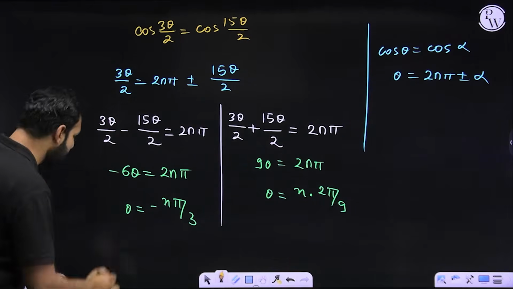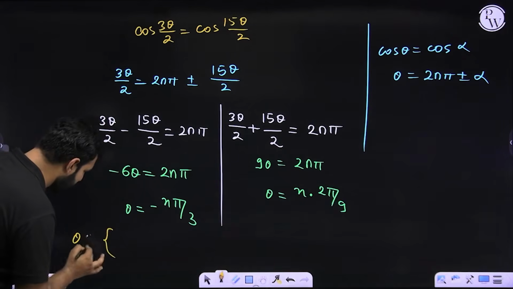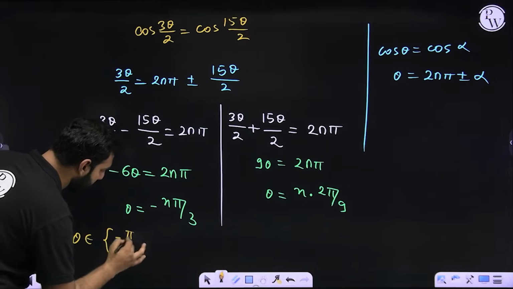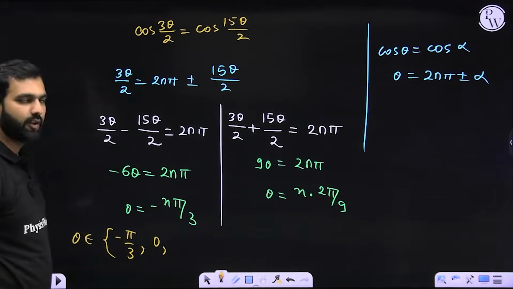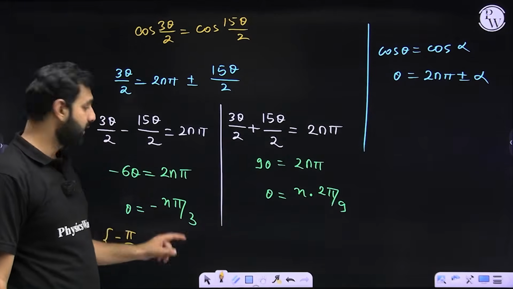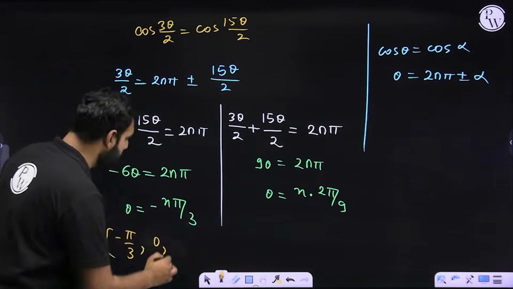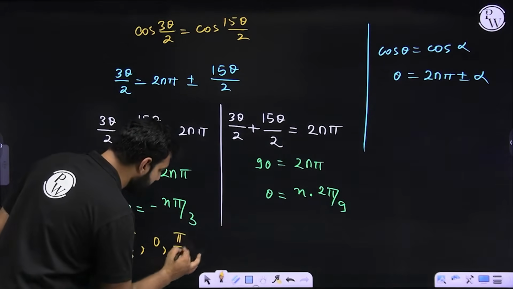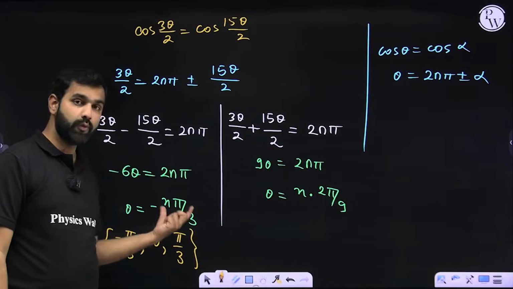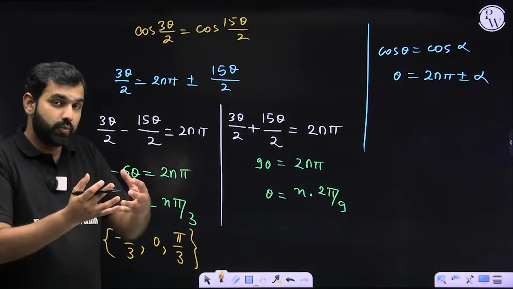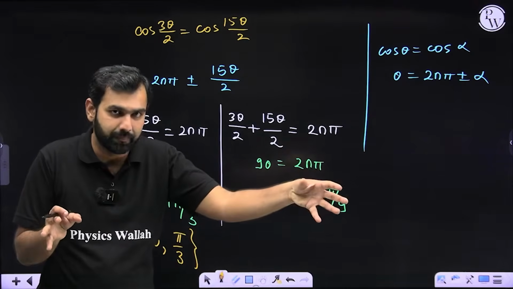That is an acceptable value. So the first value of theta from here will be minus pi by 3. If I take n as 0, it will be 0. That is an acceptable value. If I take n as minus 1, it will be minus of minus pi by 3, which is pi by 3. But I cannot take n as 2 or minus 2, because in that case I'll reach 120 degrees and minus 120 degrees, which is beyond my scope of minus 90 to 90 degrees.